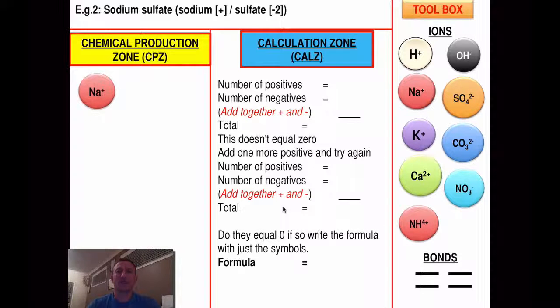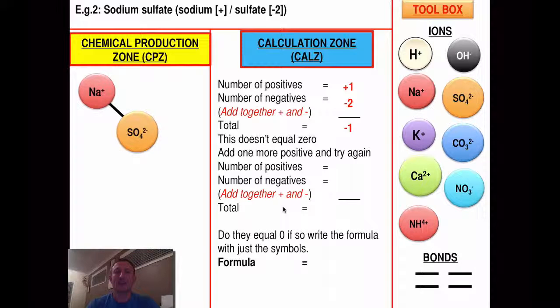Now let's put the sulfate over in the CpZ. Join them together with a chemical bond, and then let's whip over to the calculation zone and compare the ions. Well, we've got 1 positive from the sodium, but we've got 2 negatives from the sulfate. Note that the 2 negative is that superscript that you've got on the sulfate ion. When we combine those together, here we go, we get the -1.